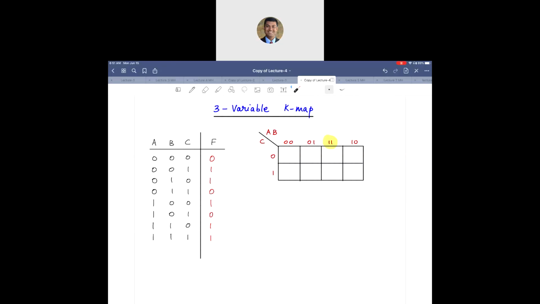I have distributed A and B across 4 different columns, and I have distributed C across the 2 rows. So I have transitioned a truth table into a grid view. I have 8 entries in the truth table, so those give me the 8 cells in the K-map.